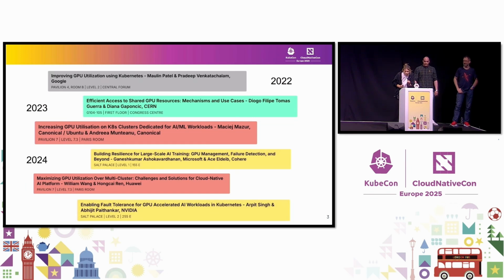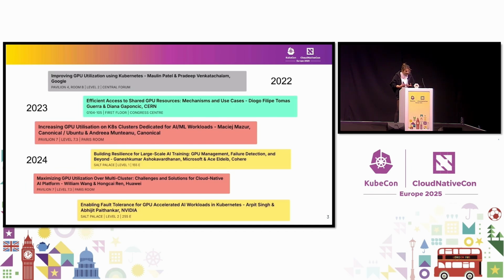So, do you know what all these talks have in common? During past KubeCons, folks have already presented some problems regarding inefficient resource utilization and fault tolerance. These people were concerned about ensuring that GPUs are used efficiently and that any problems that arise concerning GPUs are resolved, simply because GPUs are an expensive resource.